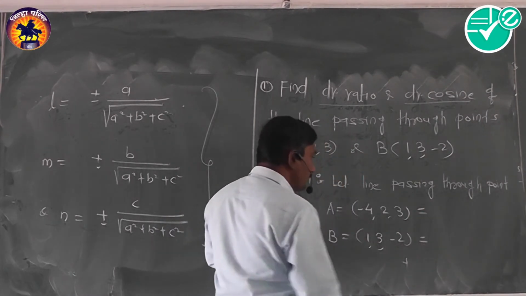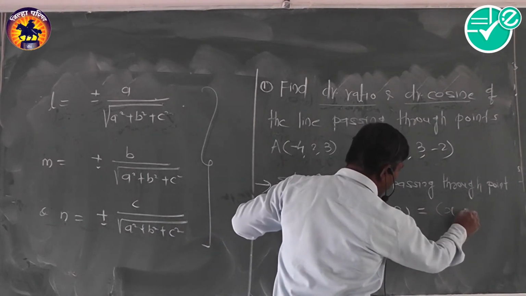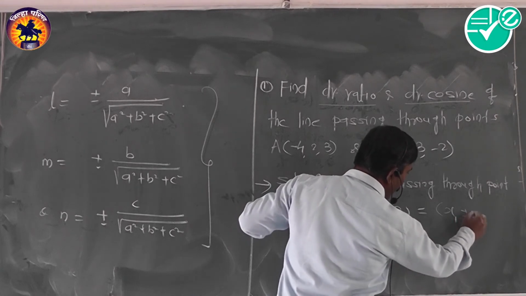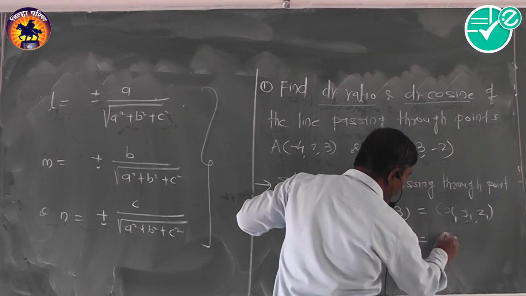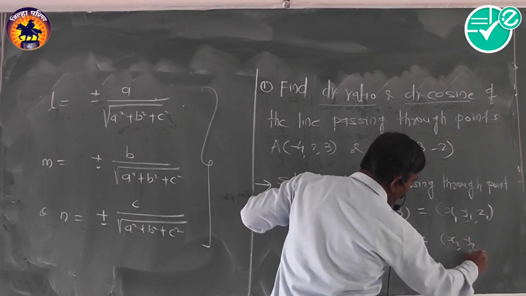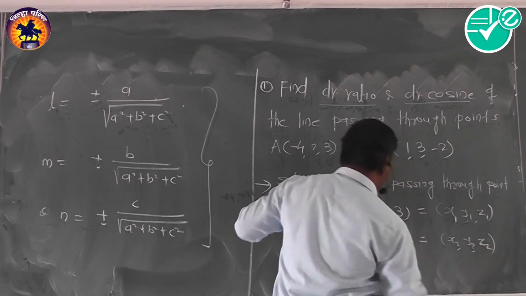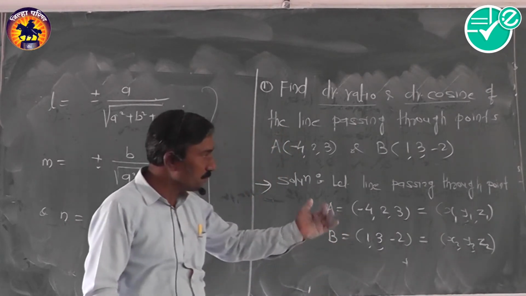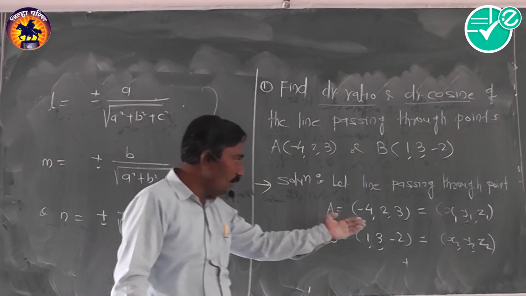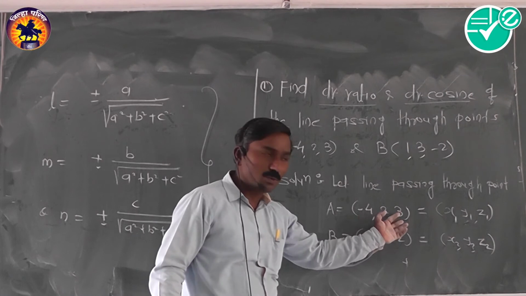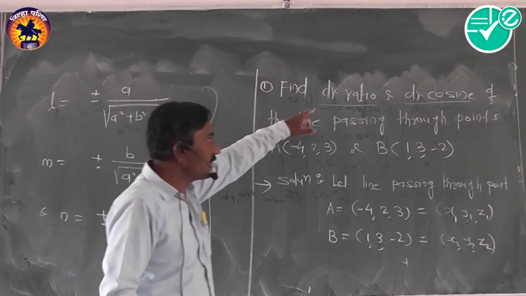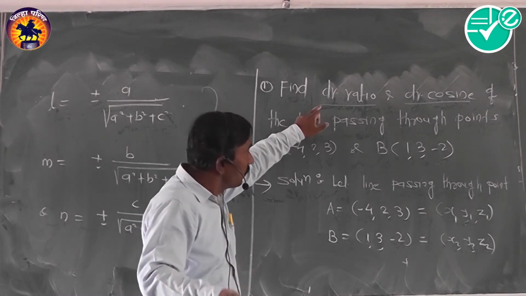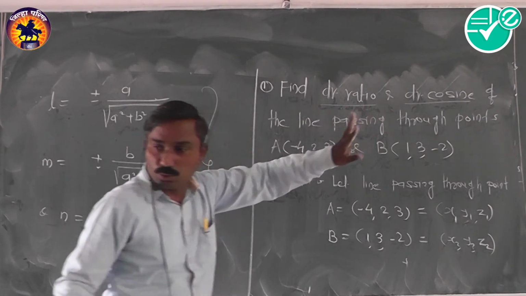We call these x1, y1, z1 and x2, y2, z2, because x1 belongs to the x-axis, y1 to the y-axis, z1 to the z-axis. Now first we have to find the direction ratio, after that we can find direction cosine.